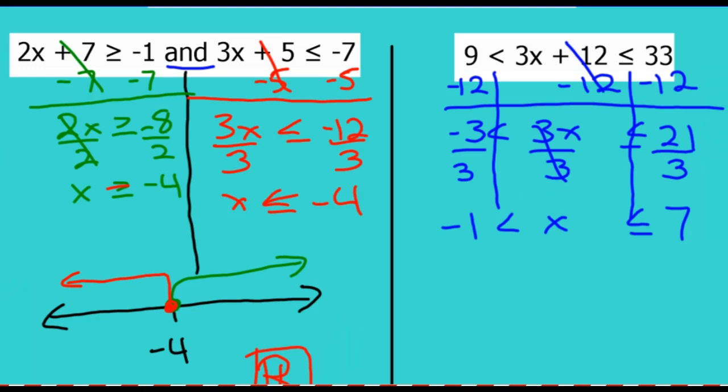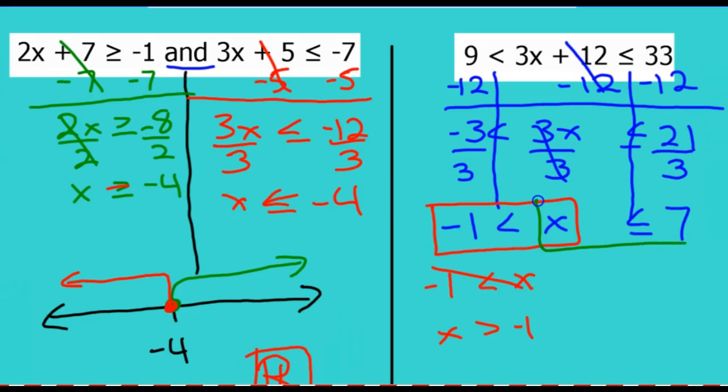So if we split these up, we'll have negative 1 is less than x, but we have to rewrite this to be x on the left, so it's x greater than negative 1. And then we have x is less than or equal to 7.